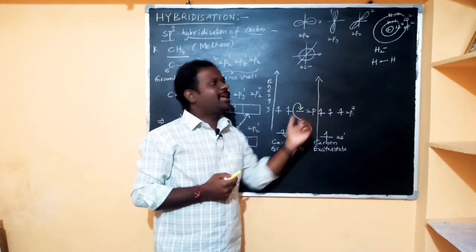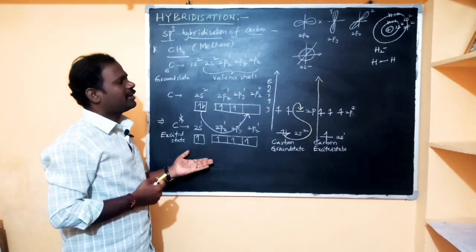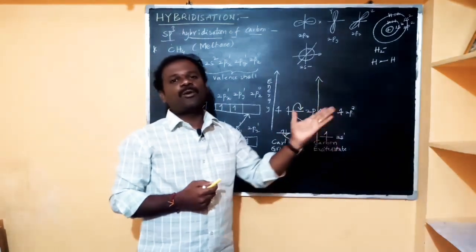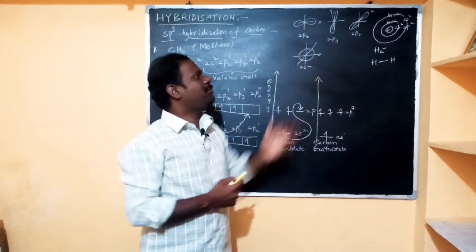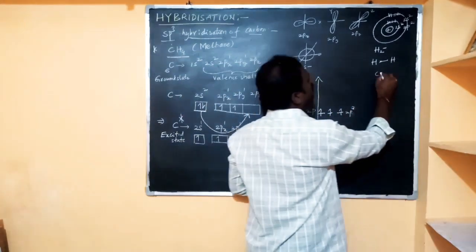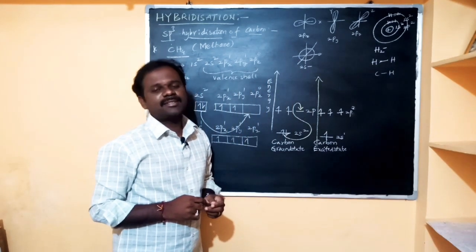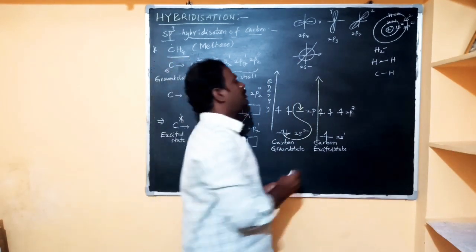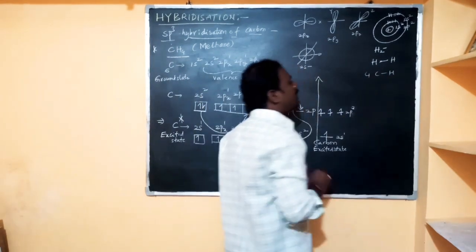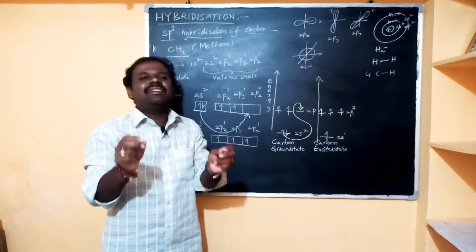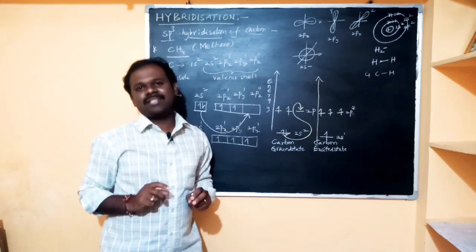But in methane, there is a presence of only the same type of carbon-hydrogen bonds. These four carbon-hydrogen bonds are similar, they are equivalent.